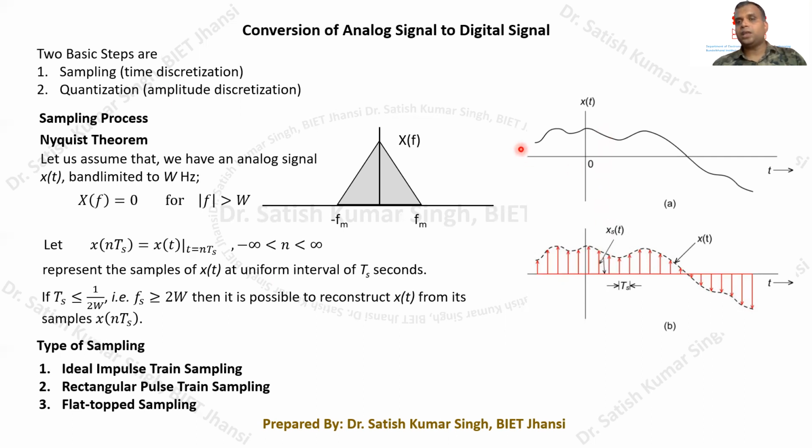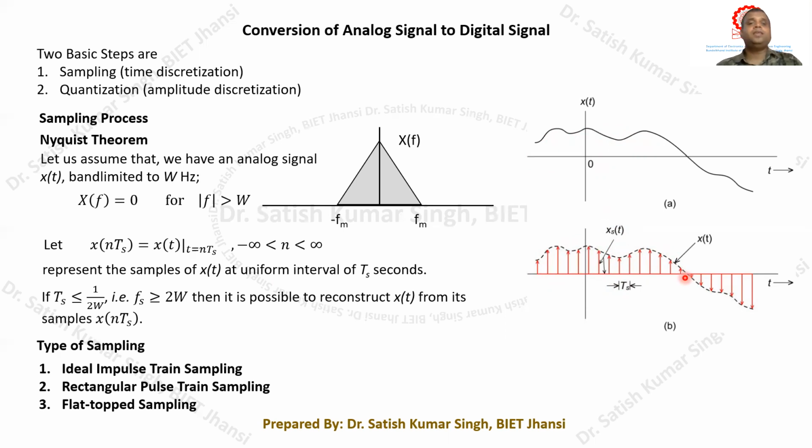So rather than having this continuous time signal, we can have a discrete time signal like this. That discrete time signal will have just these values at every regular interval of Ts, so we will have the sampled values. This is what we are doing as sampling. Sampling means we are discretizing the time axis.